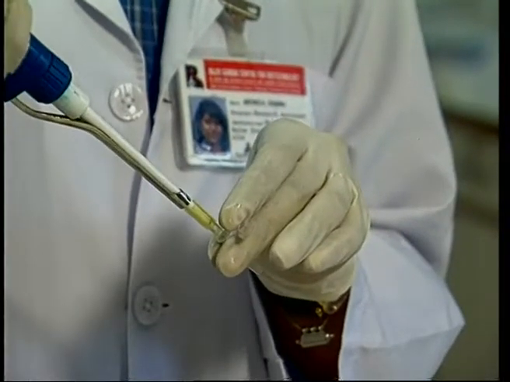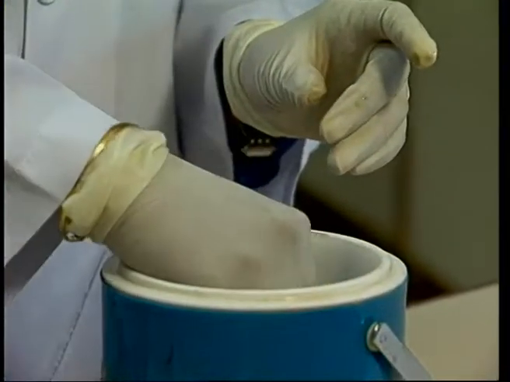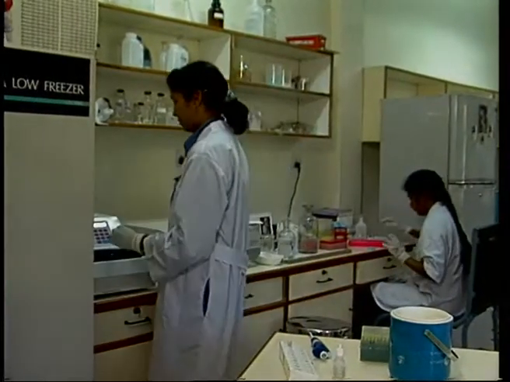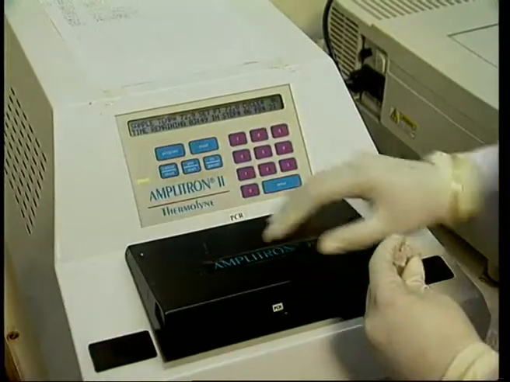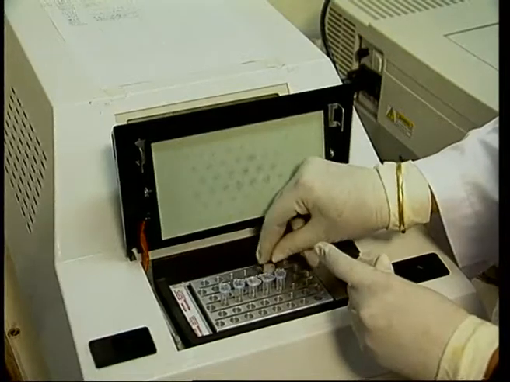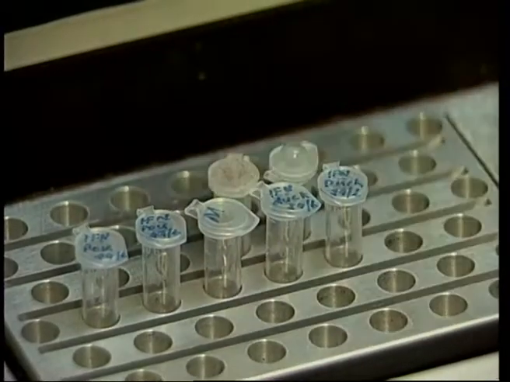For amplification, a primer, DNA polymerase, and free nucleotides are added to about 250 nanograms of pure and diluted DNA sample. The microfluids are placed in a polymerase chain reaction machine programmed for repeated heating and cooling cycles.